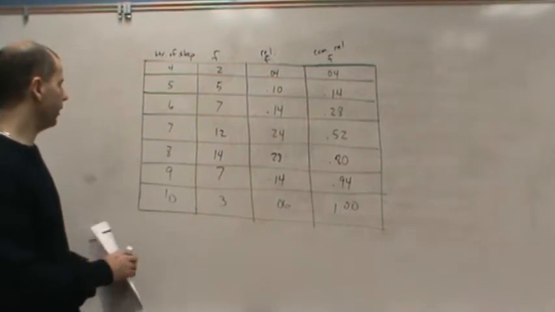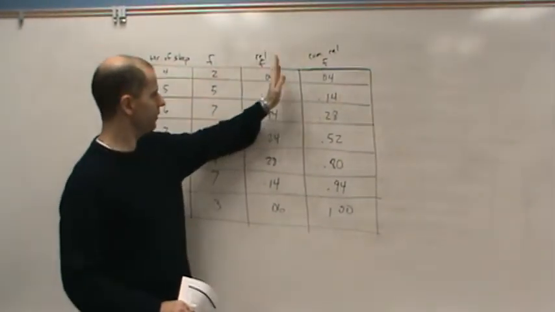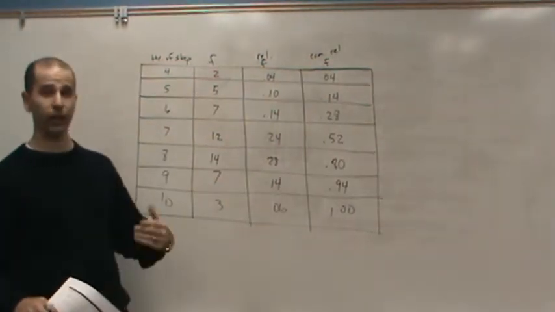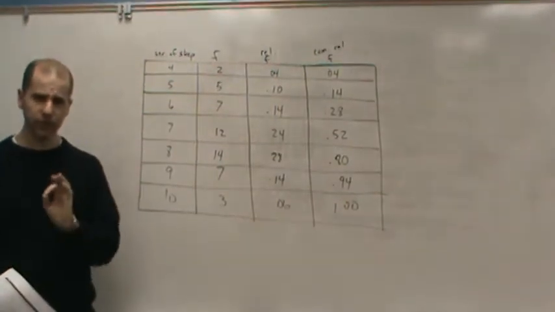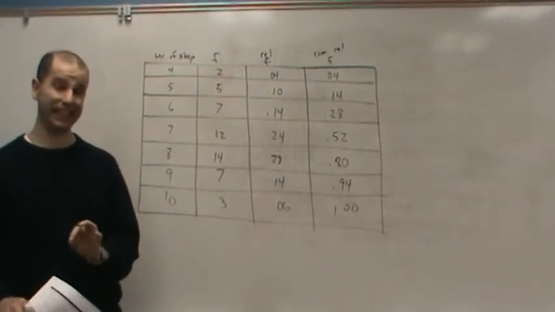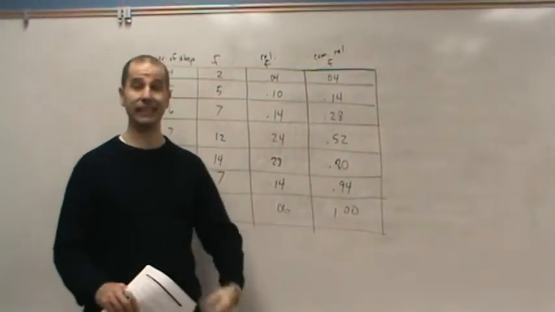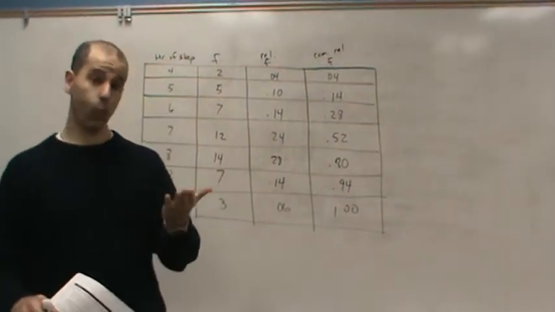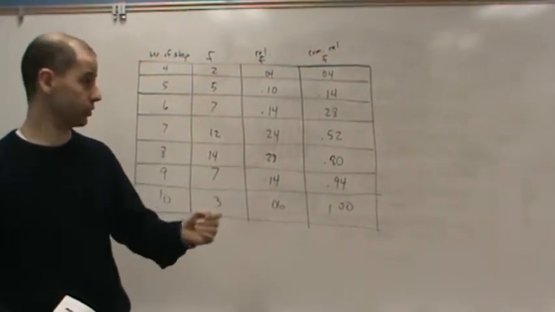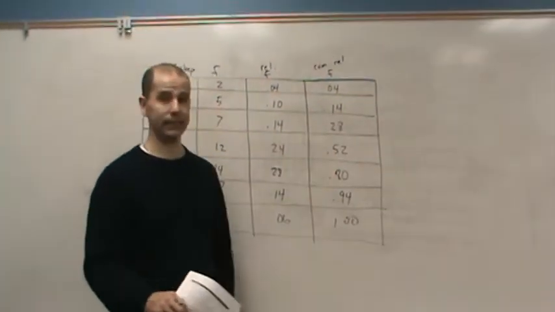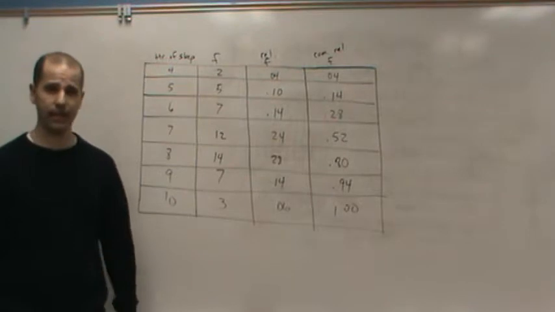Okay? So now, if I look at this, these two columns really aren't going to help us. I mean, we could use this column, but this is where cumulative relative frequency is key. Because here, the cumulative relative frequency actually tells us what percentage of the data falls at or below that value. That's the percentile. So you can look at cumulative relative frequency as the percentiles, right? So where would the 50th percentile lie?